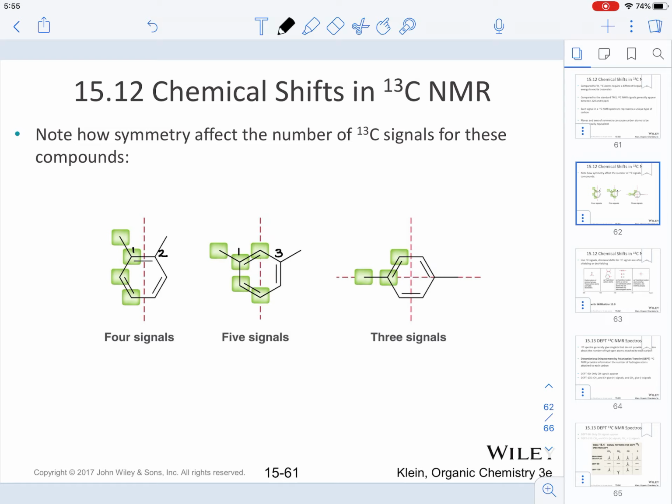And then for the last one, we actually have to look at 2 axes, the one that is vertical and the one that is horizontal, and we will see that in this case there are going to be 3 signals. So whenever we're dealing with molecules, we need to look at the axes and planes of symmetry in order to know the different carbon atoms that will be present in a carbon-13 NMR.